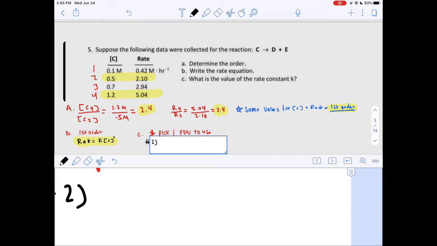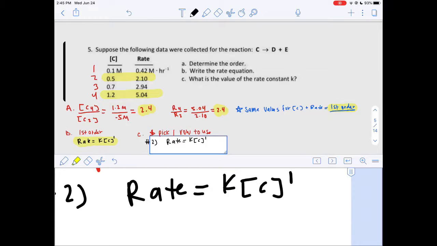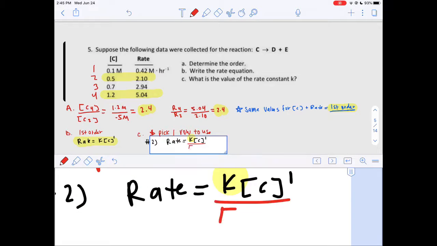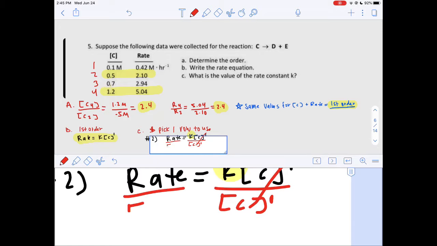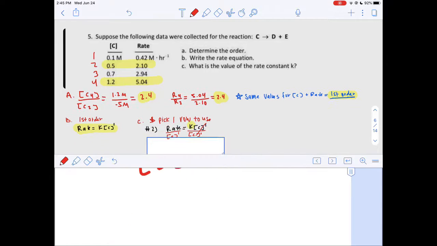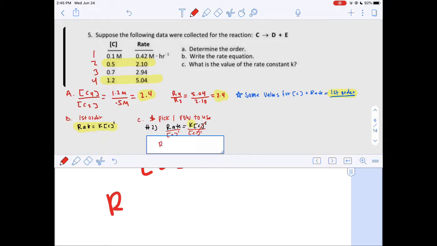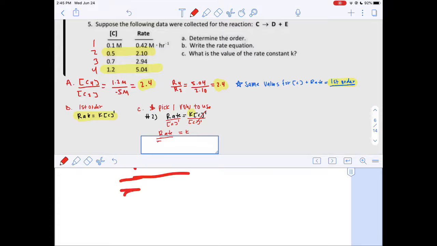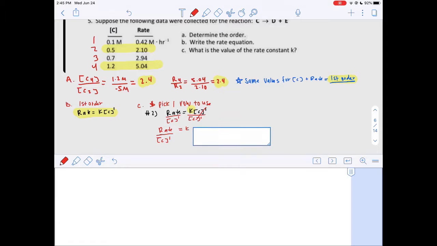And if you remember before, this is the rate law you're going to use, and you want to solve for k. So we're going to divide by concentration of C. And this is the equation you're going to end up using, which you should remember from last video, this is how we solved for k before. I just algebraically showed you how to solve for that in case you ever forget the formula. Perfect.